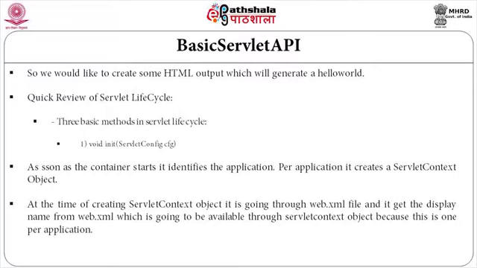When it is creating the servlet context object, it goes through the web.xml file, the deployment descriptor file. From the deployment descriptor it has read the display name, which is going to be available through the servlet context object, because this is one per application. The servlet context is nothing but your web application.